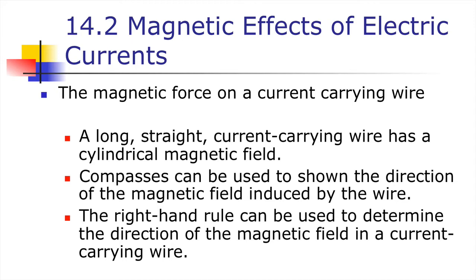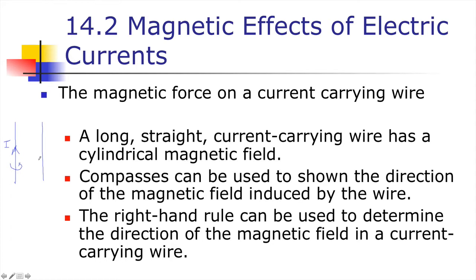For instance, if you have a charge carrying wire, meaning moving charge, a current carrying wire, then by virtue of having current flowing through this wire, the wire develops a magnetic field.